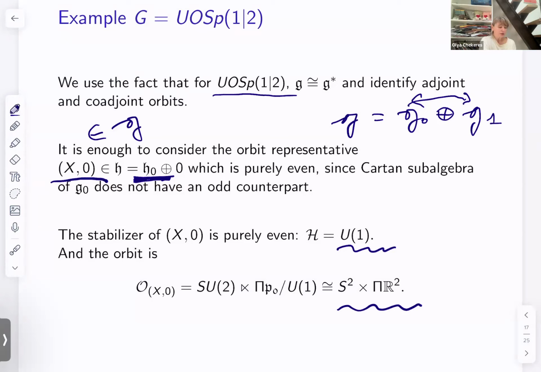Just to recall, the orbits of SU2 are just spheres. So here we get some odd part to the coadjoint orbit manifold.